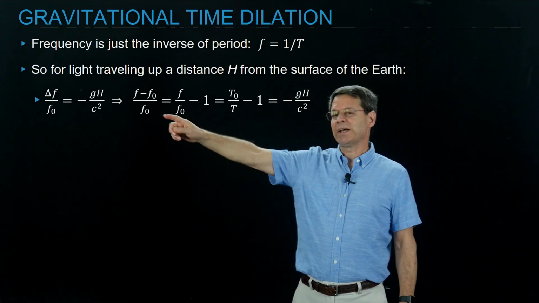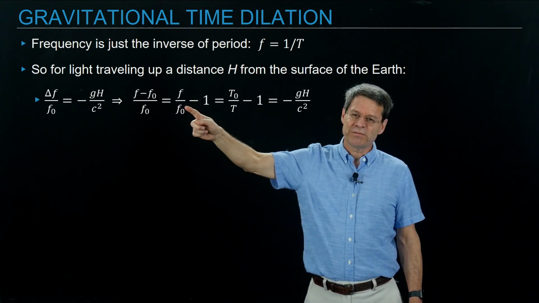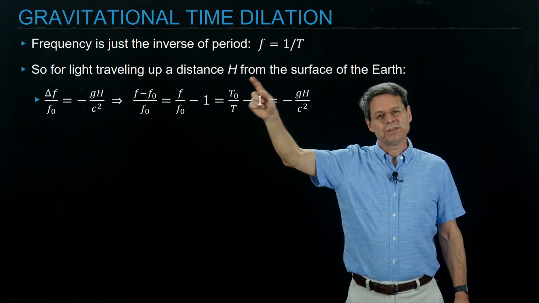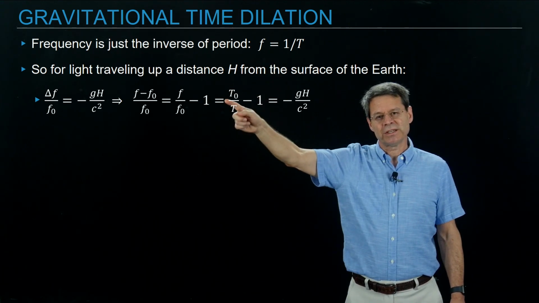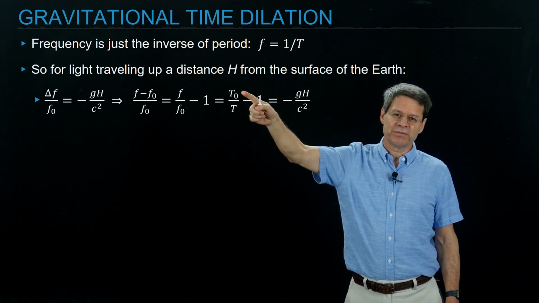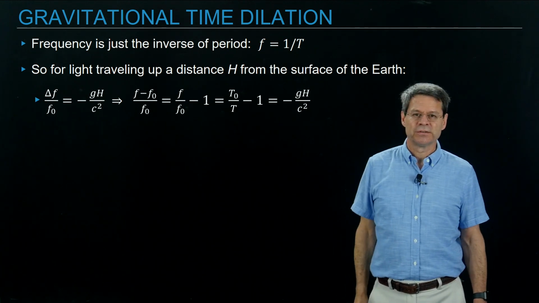So just expanding out, my delta f is f minus f naught. I can write as f over f naught minus 1. But then using that f is 1 over the period, I can write f over f naught as T naught over T, the period in the frame of the emitter over the period observed by the detector, minus 1.